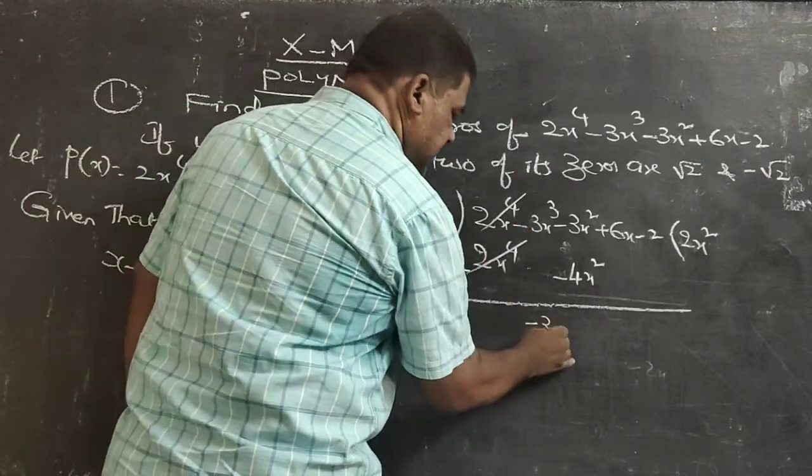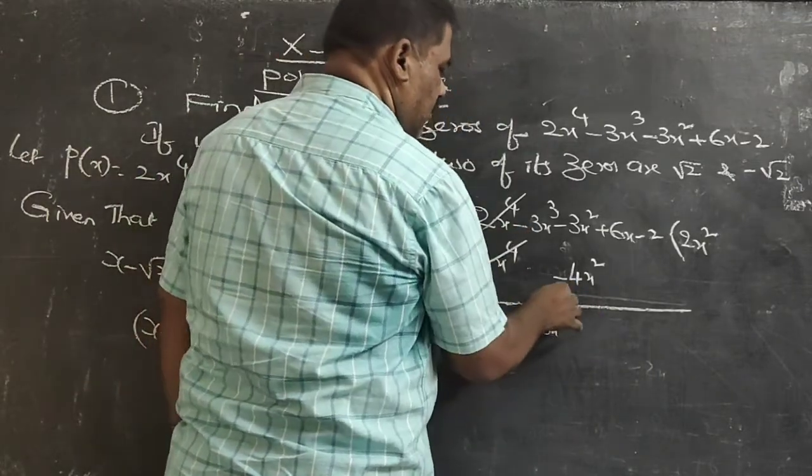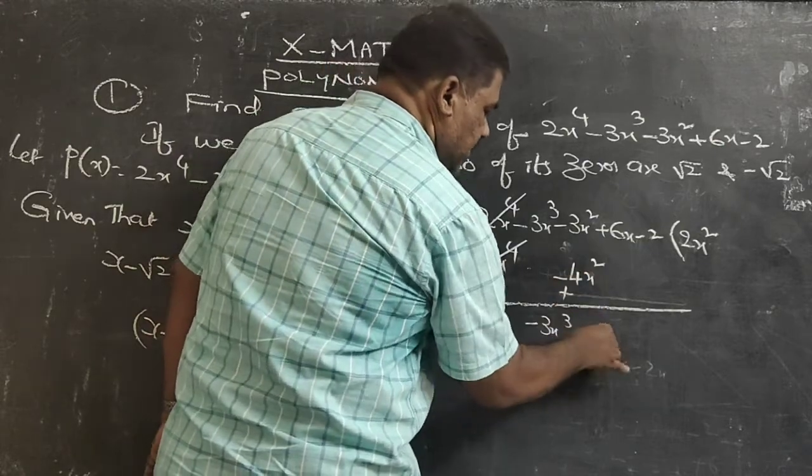This is minus 3x cube. 4x square minus 3x square is x square.